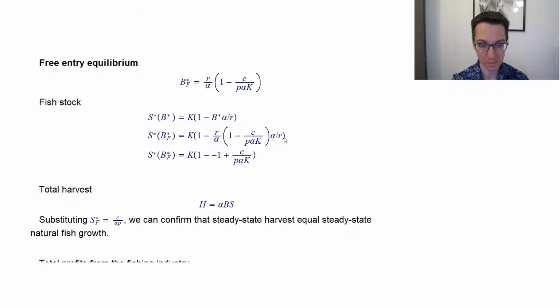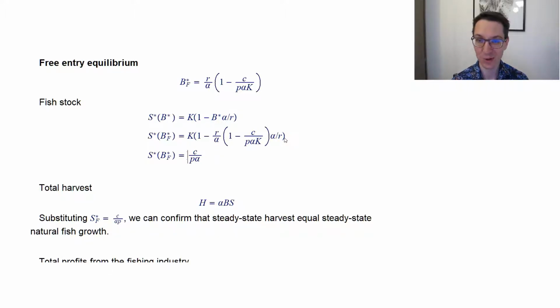So this disappears, so I have 1 minus 1, 0. So this disappears as well. And K divided by K disappears as well. So I get a very simple expression. This is actually quite surprising.